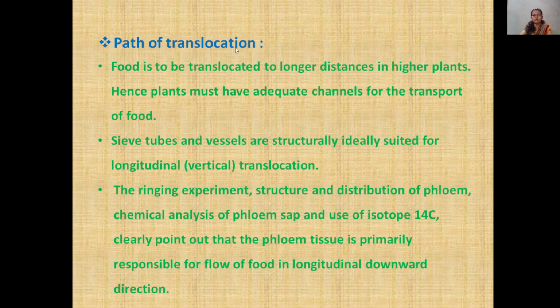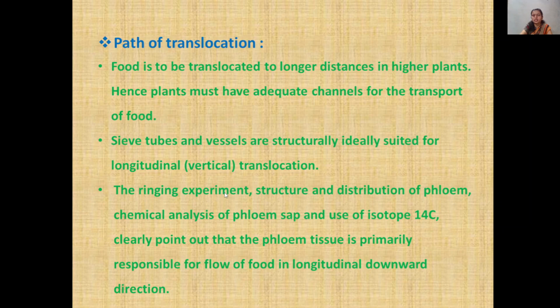Path of translocation. First, food is to be translocated over longer distances in higher plants. Hence, the plants must have adequate channels for the transport of food. Second, sieve tubes and vessels are structurally ideally suited for longitudinal, that is vertical, translocation.